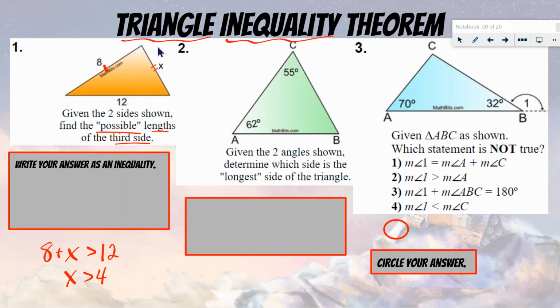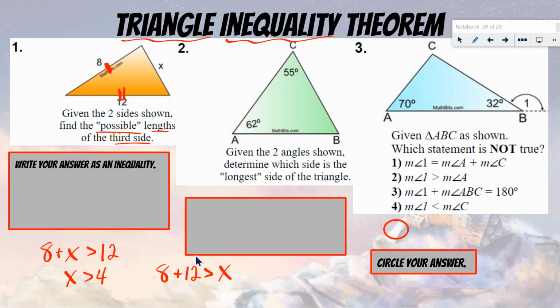But this is not really drawn to scale, so don't let your eyes deceive you here. We could also be adding this one and this one together to get this side. So they need to really be greater than that, not equal to it. If it needs to be greater than that third side, any two sides added up, this side and this side added up, would be greater than that.